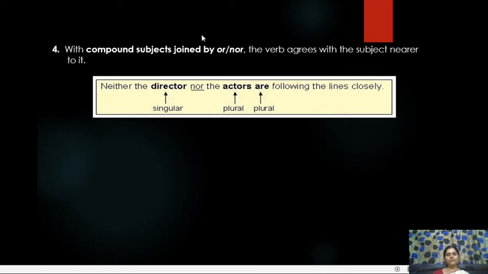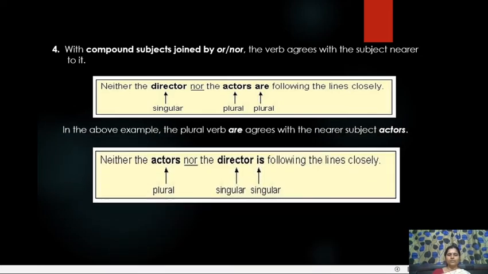Here we have one singular subject and one plural subject, both combined by using neither nor. As the subject nearer to the verb is plural, the verb also has to be in plural. So this is one rule which you have to remember.